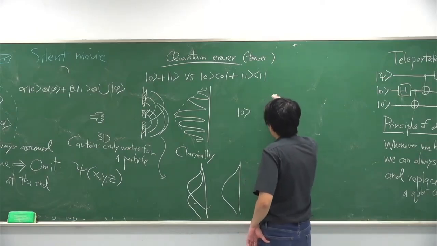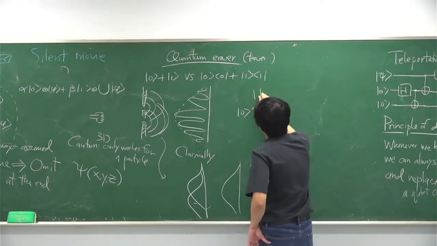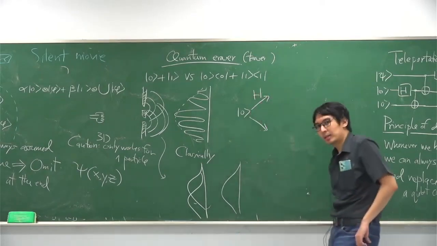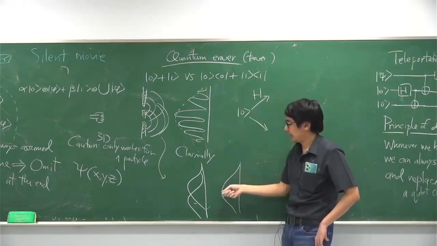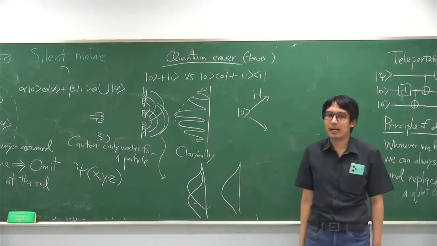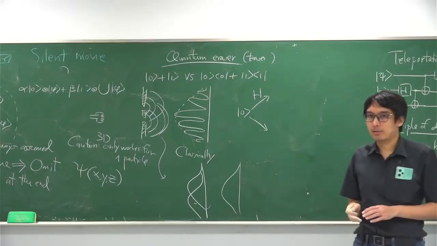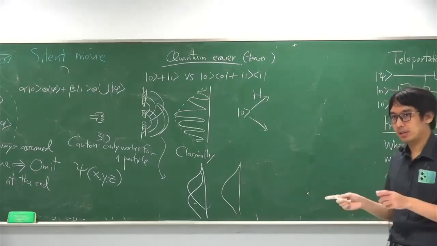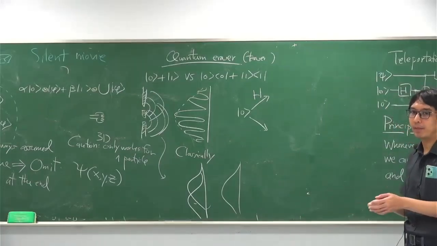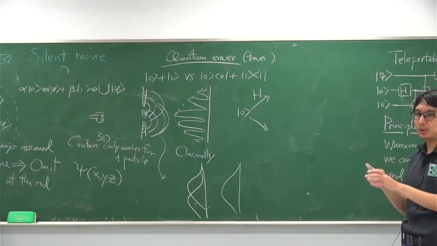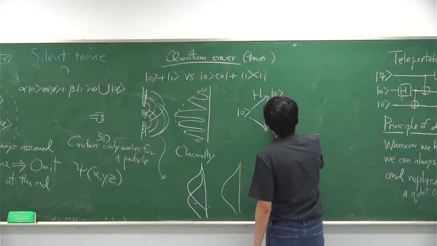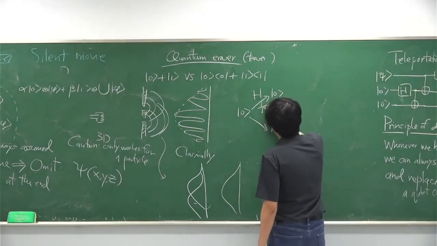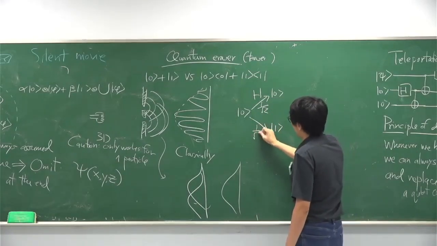If I have a 0 state and I apply the Hadamard gate, which for a classical scenario would be more like a randomization, right? Because it splits a deterministic state into something like 50-50. But here it's split into a superposition, so the amplitude is 1 over the square root of 2.